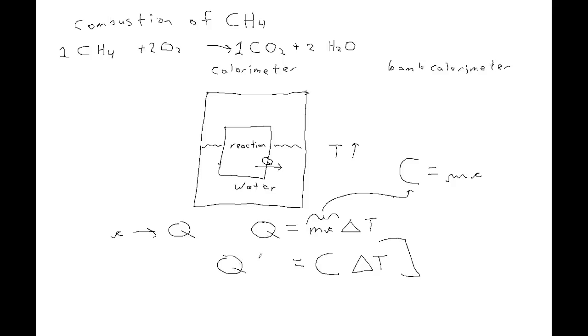Could you repeat that? If capital C is the heat capacity of the calorimeter and delta T is the change in temperature of the calorimeter, what would Q stand for? That would be the heat transfer of the calorimeter. Yeah, that would be the heat transfer to the calorimeter.